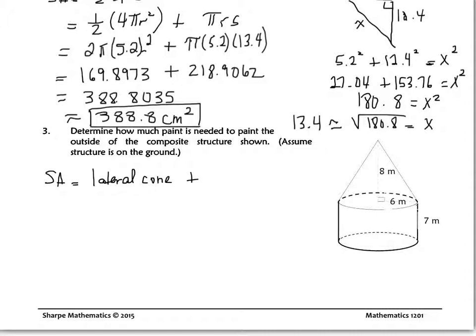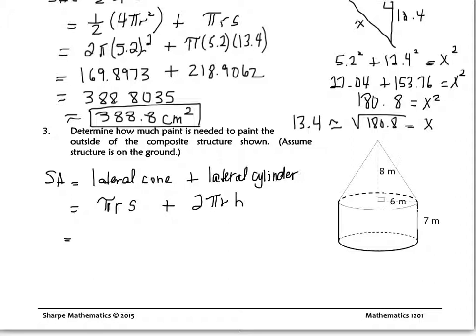And it would be, again, the lateral part of the cylinder. The lateral part of the cone would be pi r s, and the lateral part of the cylinder would be 2 pi r times the height. Because you wouldn't need the pi r squared part or the 2 pi r squareds, since we don't have a bottom in it.